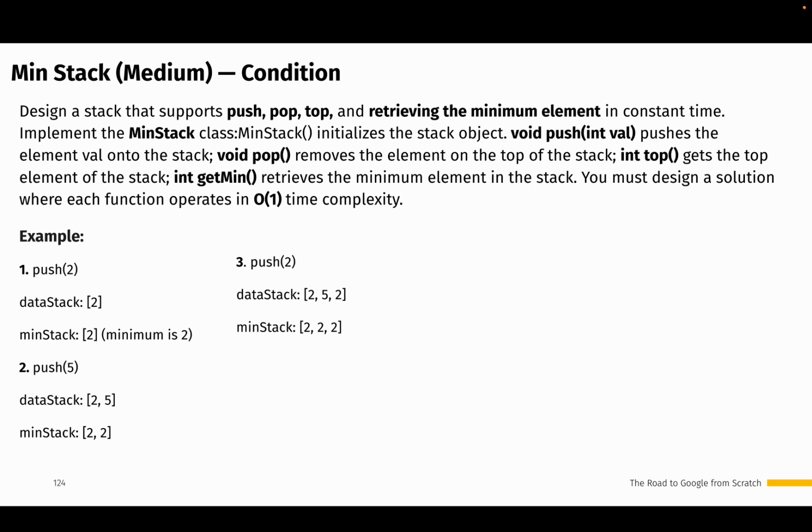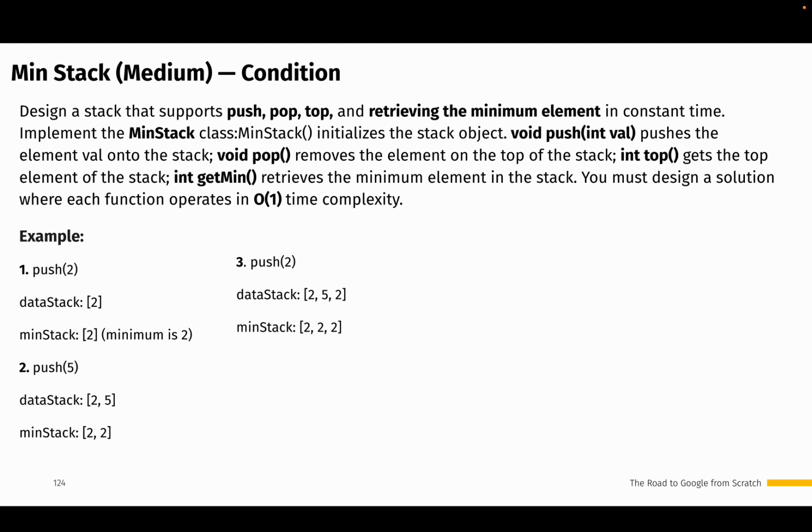And then the complexity would be O(n), and that doesn't satisfy our requirements. In order to find the minimum value, we would go through each element of this stack, and again the complexity would be O(n). But we need O(1), so we need just one operation in order to find the minimum value.